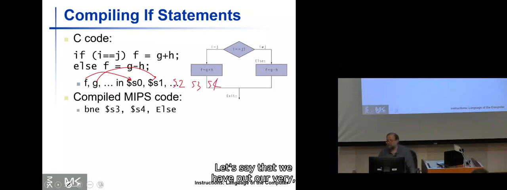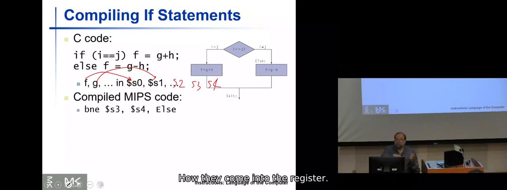Let's say that we have put our variables in C in these registers. How they come into the registers, we don't care now. Somehow, S0 is f, S1 is g, S2 is h, and so on. Now, let's write the program.